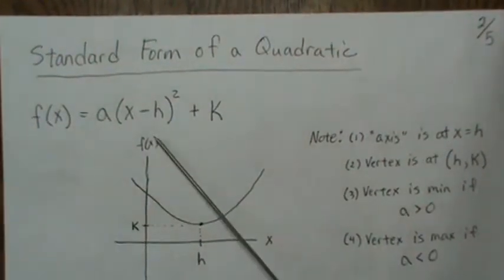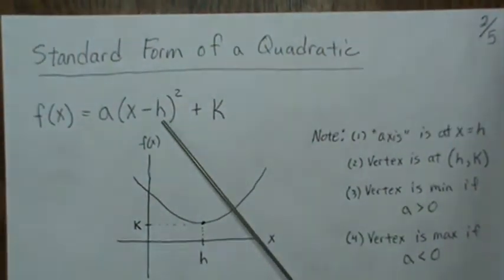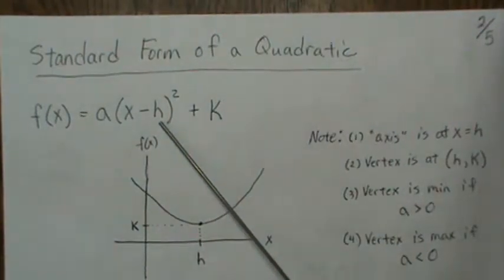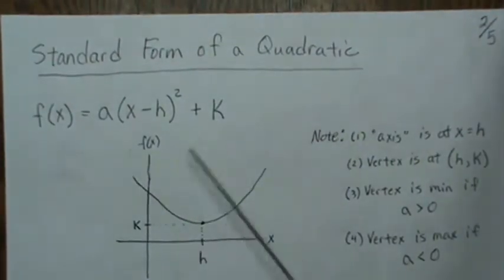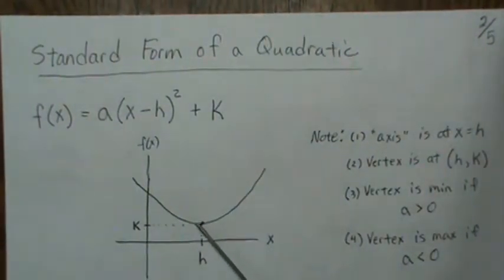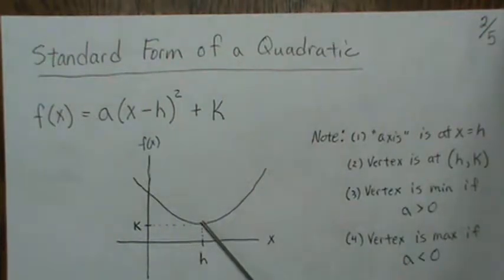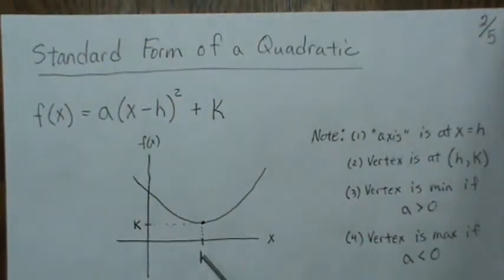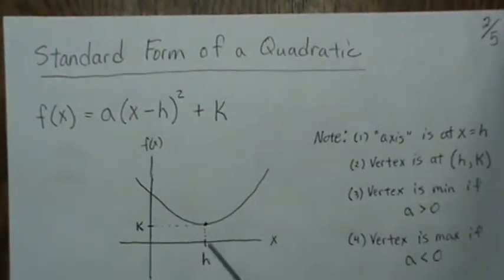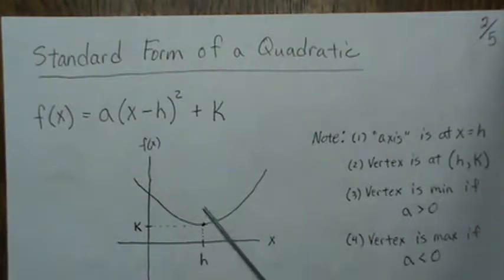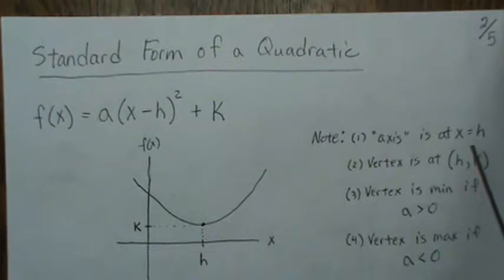So now when we plot this, h is the horizontal shift, of course depending upon if it's positive or negative, and we'll assume that it is shifted this much and k goes up this much. Well, that point right there is the vertex. So (h, k) is the vertex, and h is the axis of symmetry. Of course my bad graph doesn't look symmetric, but the axis of symmetry is at h.